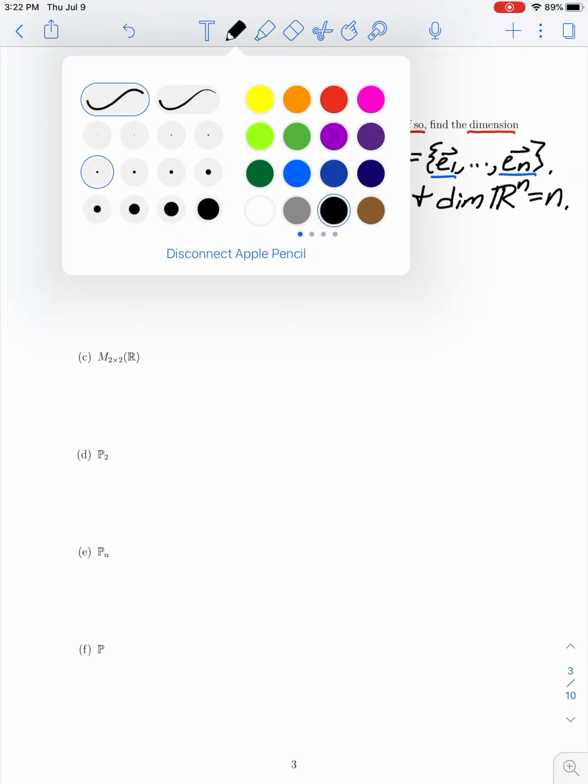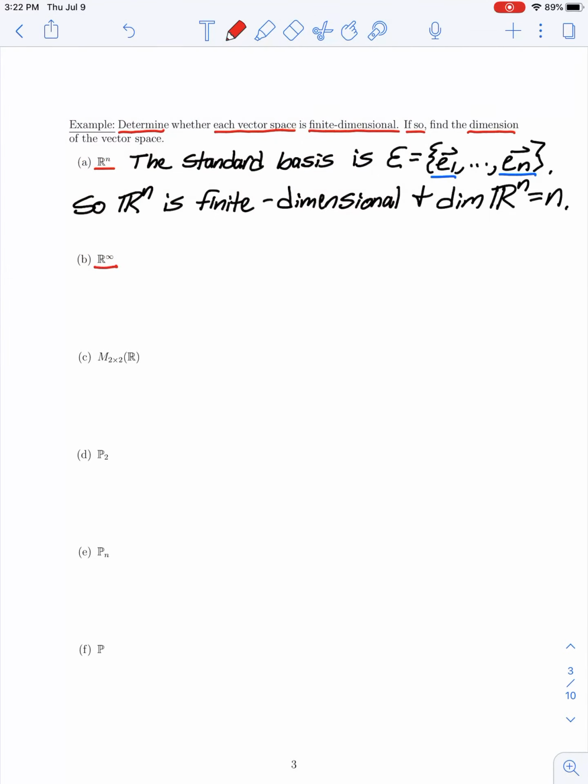Now in part B, we have R infinity. That is the set of all infinite sequences with real entries. So recall that a typical vector would have the form x1, x2, and so on. So it's a vector of infinite length.